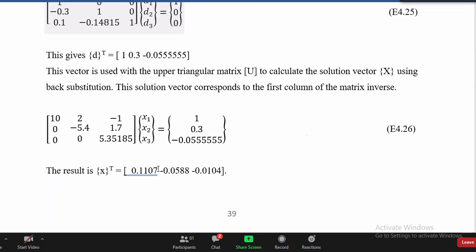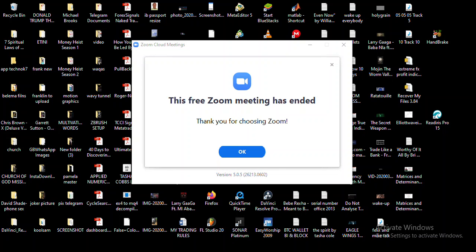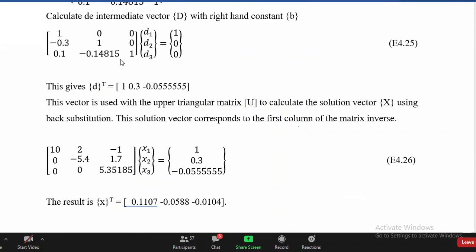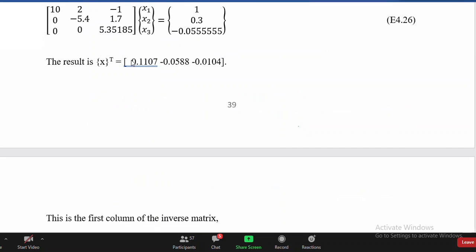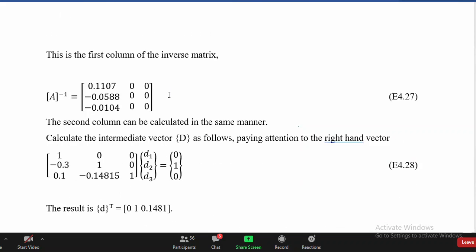So this is the first column. To calculate x1, x2, x3, use your hand and write A, write the first column. First element, second element, under that first column. Then you see it here. This is the first column of the matrix inverse. Those are the values we got.